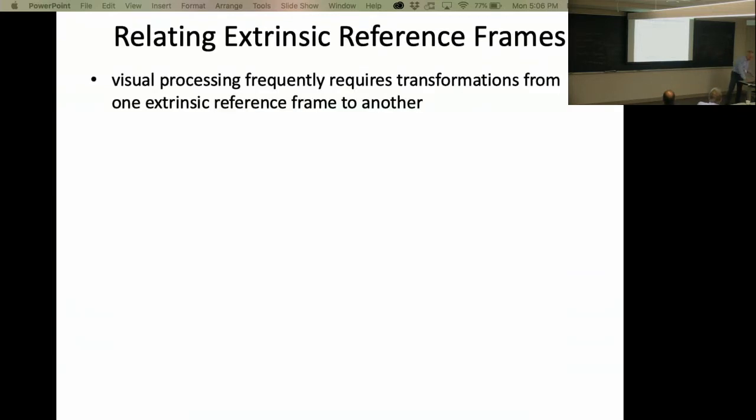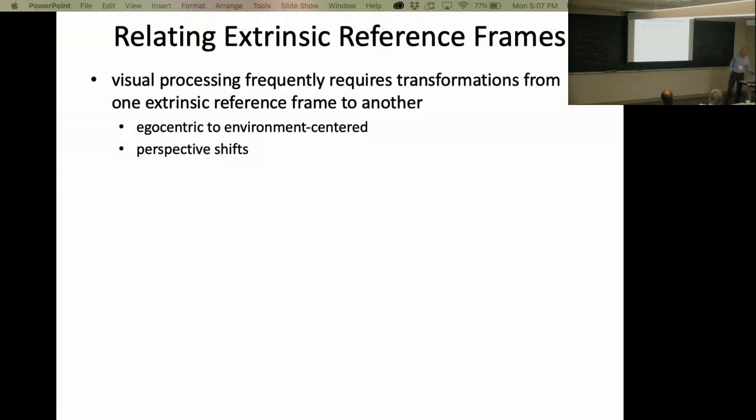So let's talk about that. Visual processing, on pretty much everyone's account, requires frequent transformations from one extrinsic frame to another. So for example, you may represent something relative to yourself, but also need to represent it for some reason relative to the environment, like where something is in the room instead of where it is relative to me, so that its location remains constant in that representation even if I move.